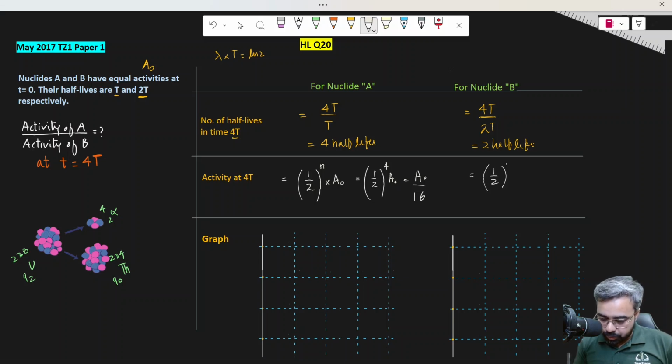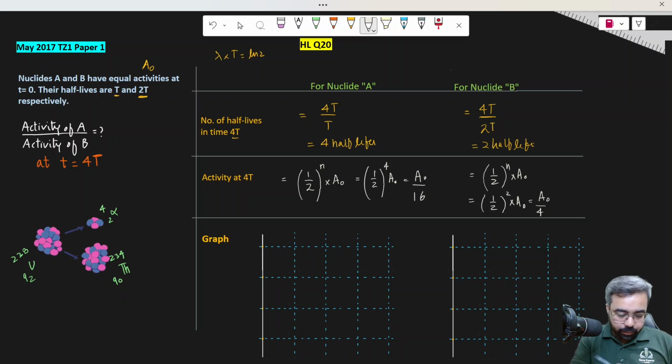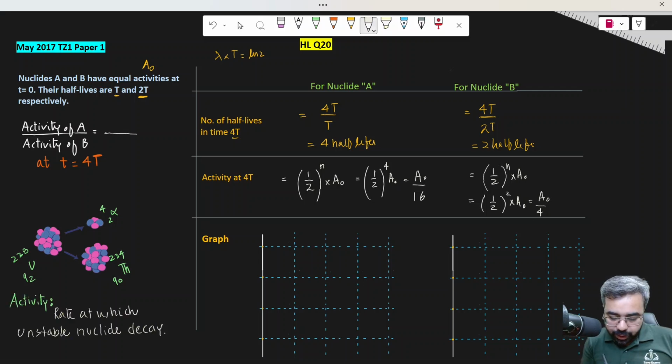Let me write it again: 1 over 2 raised to power 2 times A0. This is the proper method to find activity. So this is the activity of nuclide B. If we divide them, the activity of A is A0 over 16 divided by A0 over 4.